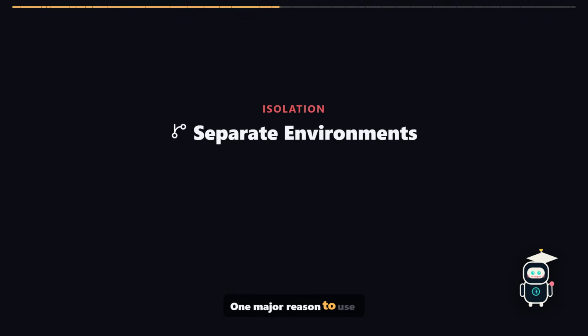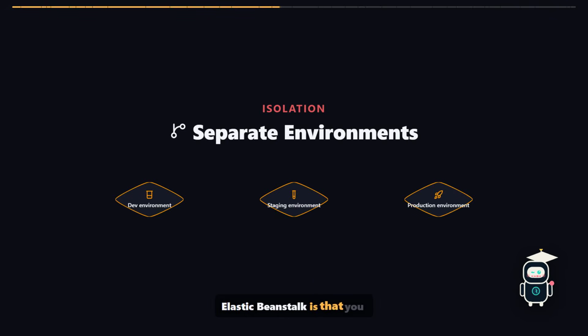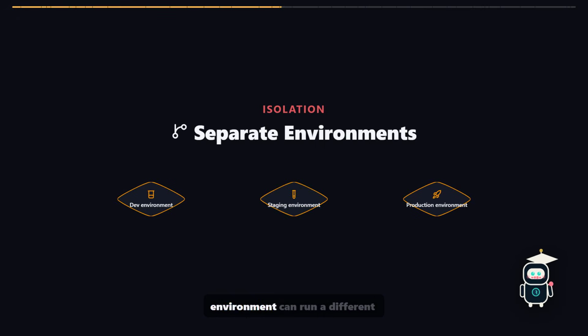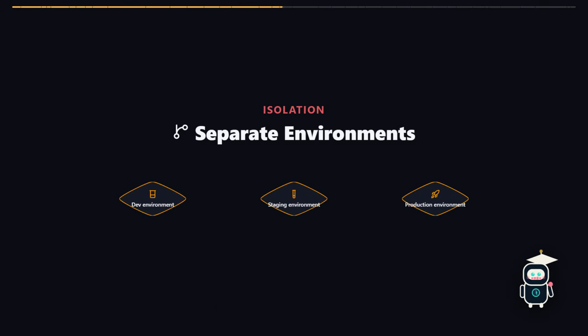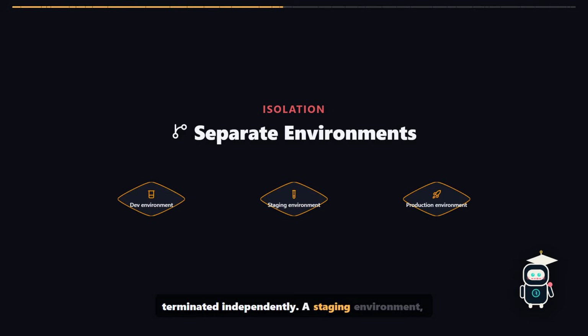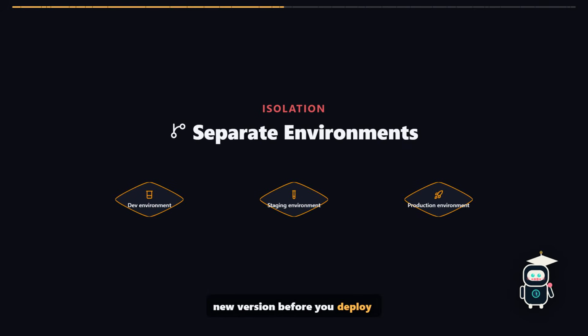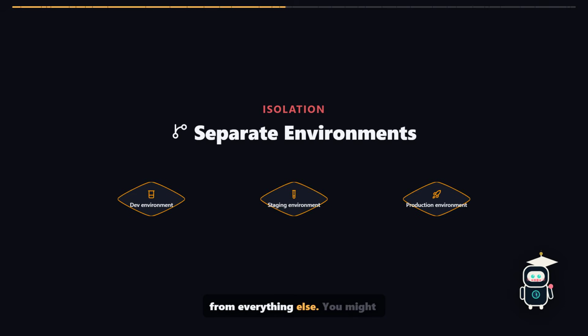One major reason to use Elastic Beanstalk is that you can create separate environments for development, staging, and production. Each environment can run a different application version, use different configuration settings, and be created or terminated independently. A staging environment, for example, can test a new version before you deploy it to production. But separate environments are not automatically isolated from everything else.